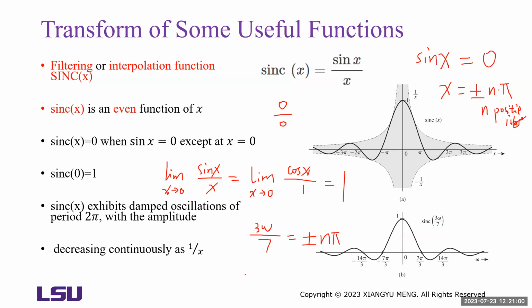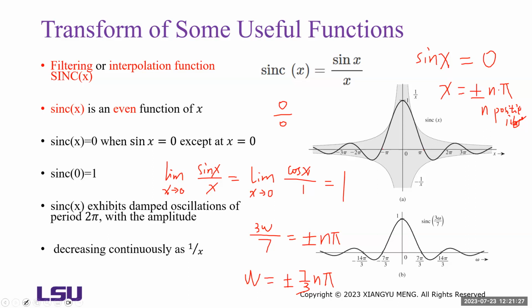So that's when omega is positive or negative 7 pi over 3 and so on. Therefore, the first zero of the function occurs when omega is 7 pi over 3.